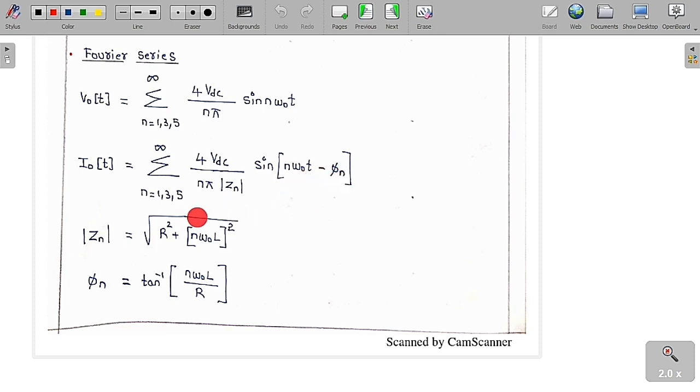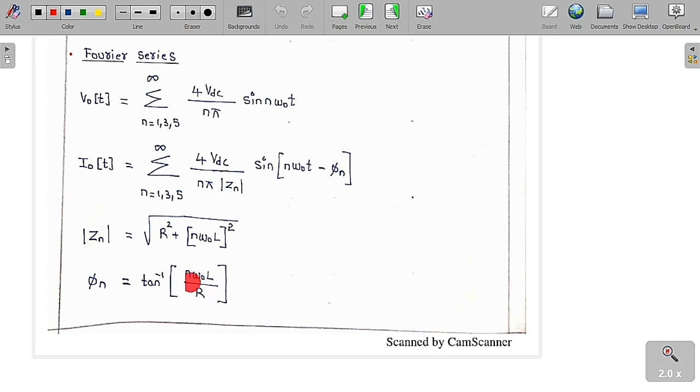Zn is equal to the square root of R squared plus n omega naught L whole squared, whereas phi n is equal to tan inverse of n omega naught L by R. It's a very important point.